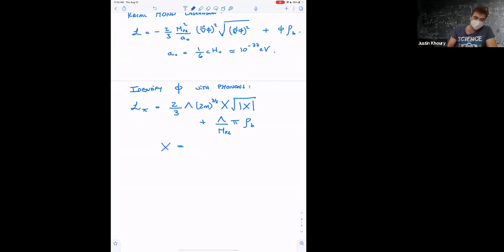So remember that X here is the non-relativistic X that we discussed yesterday. And it really is to be thought of as arising from the superfluid phase. And the other comment is, if you look at this last term, which couples pi to rho, you remember pi had a shift symmetry. That's how we justified the P of X. But this last interaction term, of course, breaks the shift symmetry explicitly.